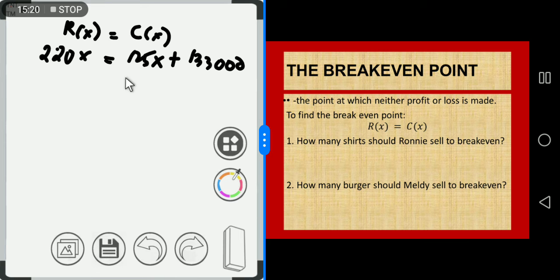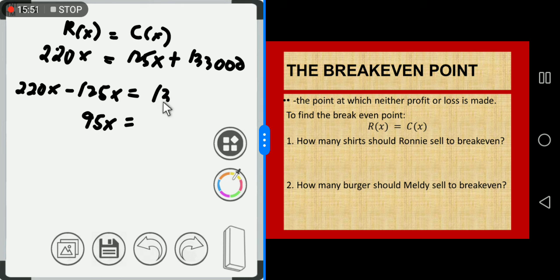So, solve for x. Kasi we are going to find the number of units or items that will bring you to a break even. Okay? So, if we have here 220x minus 125x, we transpose, or we apply subtraction property. So, we will have here 95x.